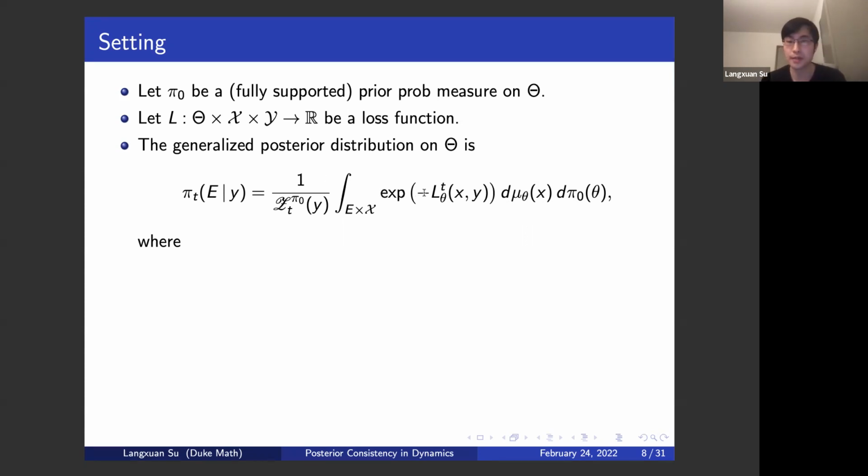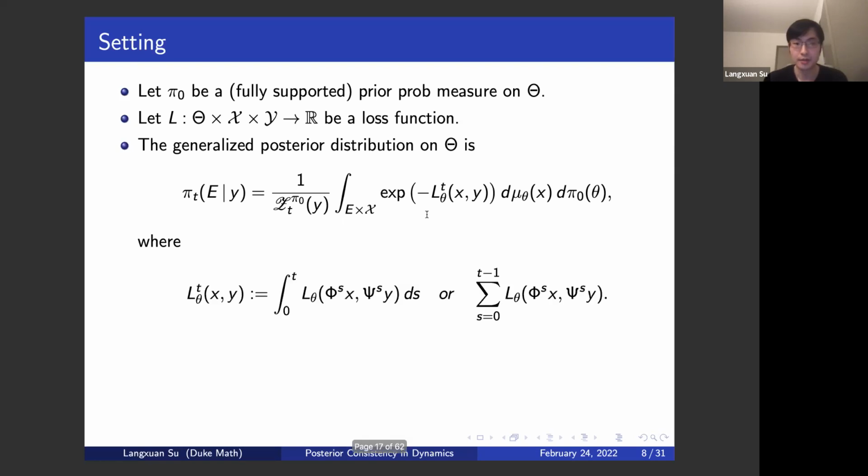You have the exponential of minus the loss up to time t. In continuous time, this loss up to time t is the integration from 0 to t of the loss function applied to the dynamics up to time t. And if it's in discrete time, then you just have the summation of the loss up to time t.